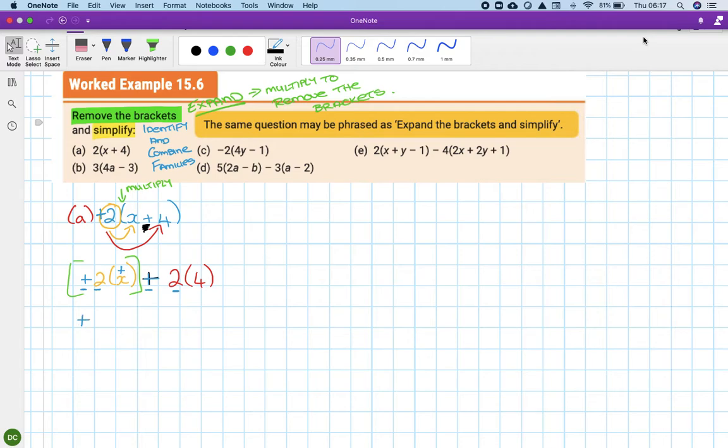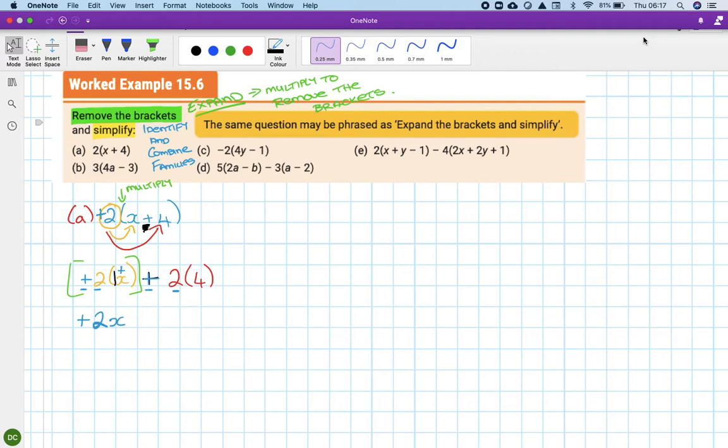Next we do the numbers. Now, there seems to be a number missing on the x, but we know what to do when there's a missing number. It means there's an invisible 1. So we multiply 2 by 1 to get 2. And then there's only one letter because the 2 doesn't have a letter, so that means it's x. Okay, and that's that bit done.